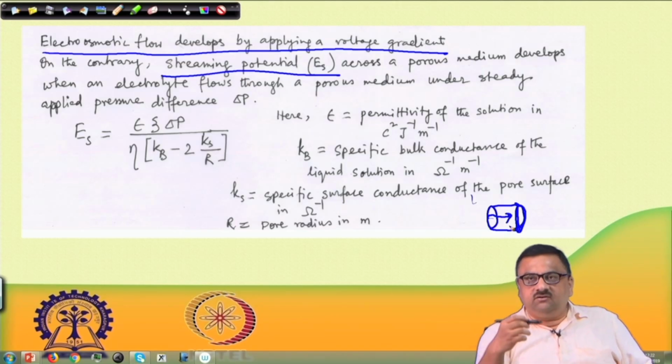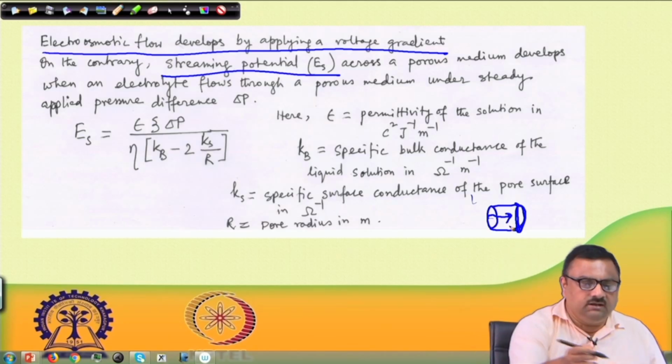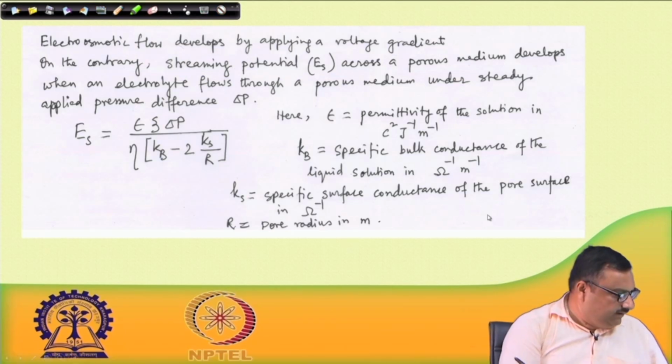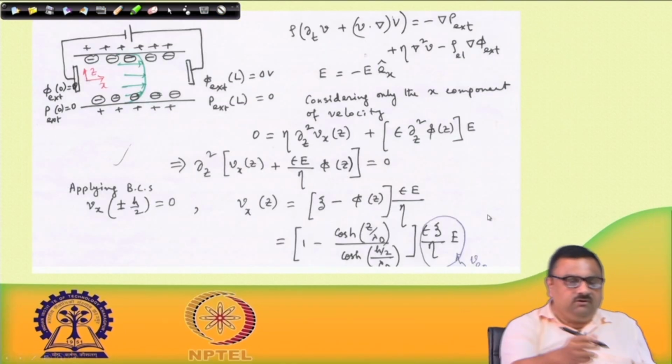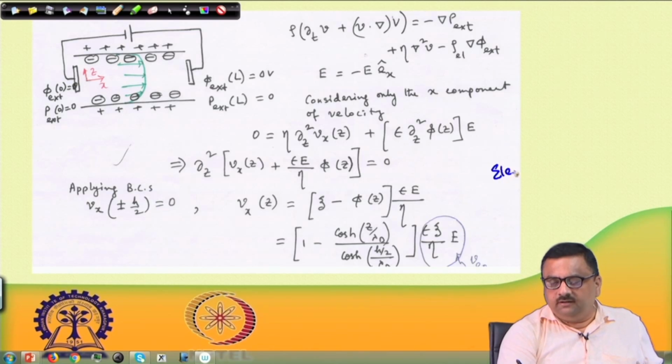In fact, this electro-osmotic flow that I mentioned just now is also very important in the context of microfluidics, because there is a concept called electro-osmotic pump. Since this is known as electro-osmotic flow, there is a concept called electro-osmotic pump.